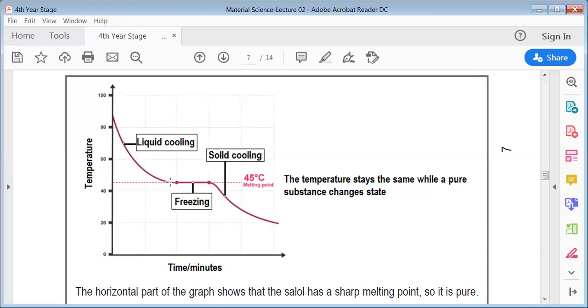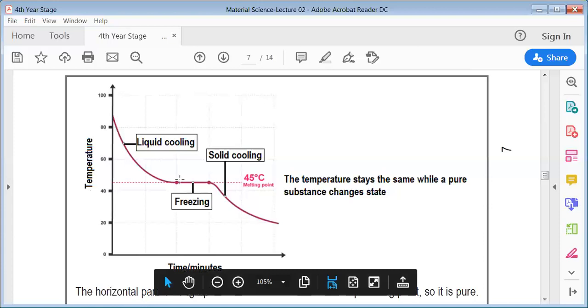It reaches somewhere, maybe 45, and starts freezing. At freezing, the temperature doesn't change, so that's why it's parallel to the time axis.